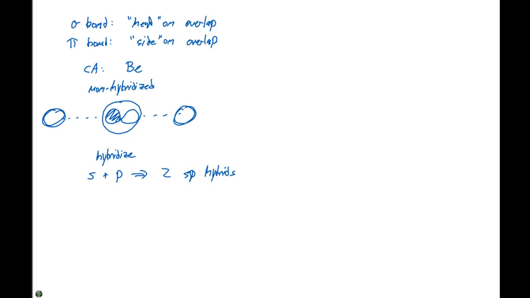One of them, if we put the nucleus here, is going to look something like this. The other is going to look something like this. So we have two of these, and if we center them right on the nucleus, they're going to look something like this.